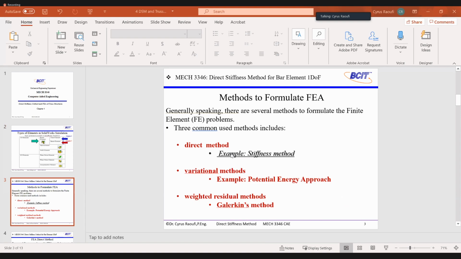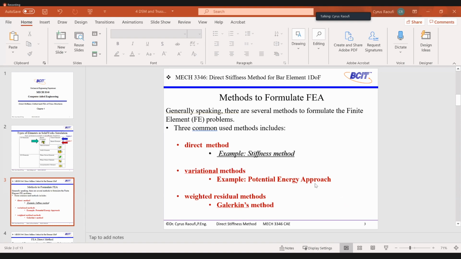When you write down equilibrium equation for element at each node of element, then that is what is called direct method, because what we are doing here is looking at the displacement equation and force balance equation directly at node level in our analysis. That is one approach. Another approach is what is called potential energy approach.